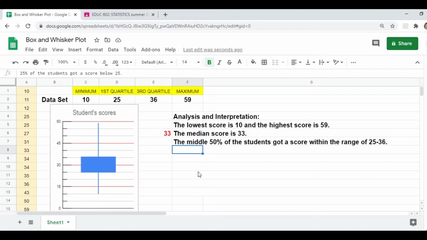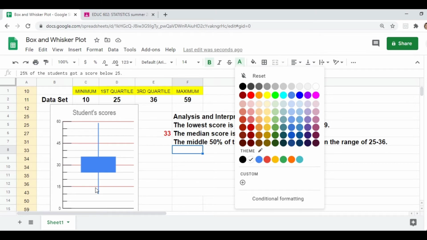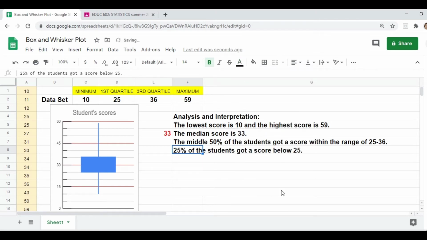Next, how about this whisker here? This represents the 25% of the distribution that is below 25, which is the first quartile. So this portion means that 25% of the students got a score below 25.